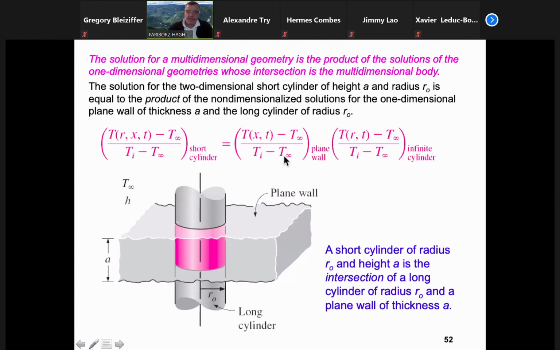Therefore, for the plane wall, you're trying to calculate x equal L, but for the cylinder, you're trying to calculate R equals 0. We already have this one, and we have to go back and find the temperature at the surface of the plane wall. If you remember, we had an equation that gave us the temperature at the exterior surface of the plane wall.